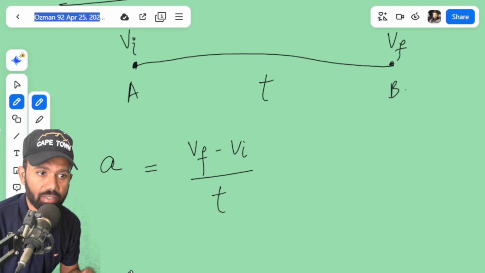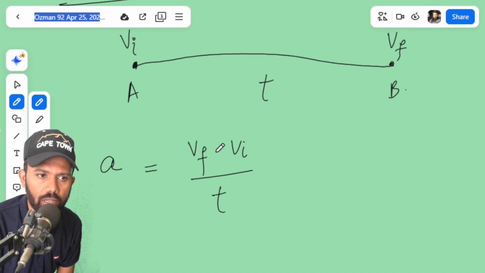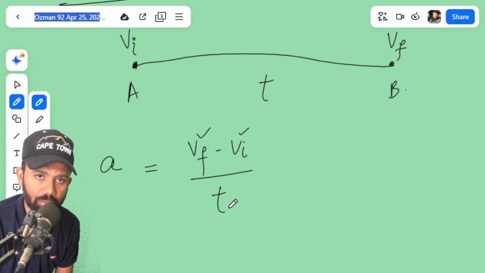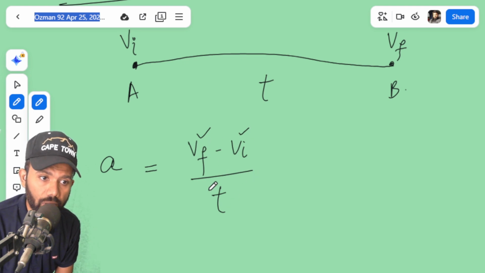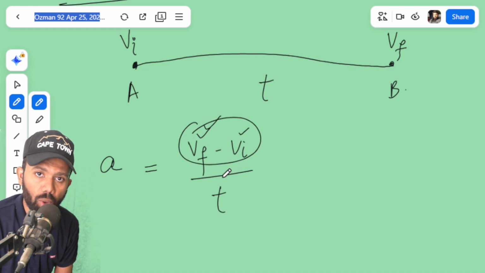Whatever we divide by time t comes out as a rate, right? So we have final velocity, we have initial velocity, and we're dividing by time, so it becomes a rate. Rate of change of, this is a change of. Why change of?